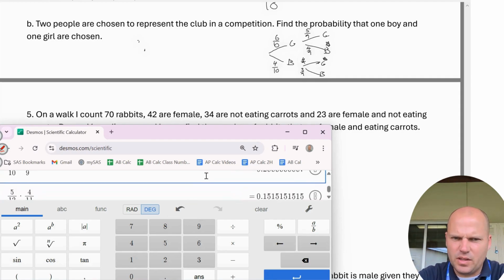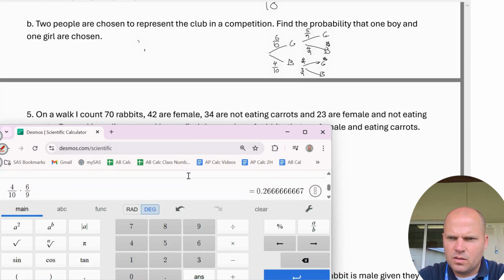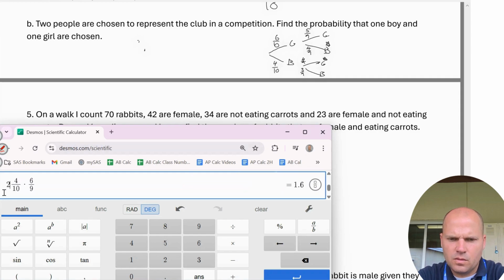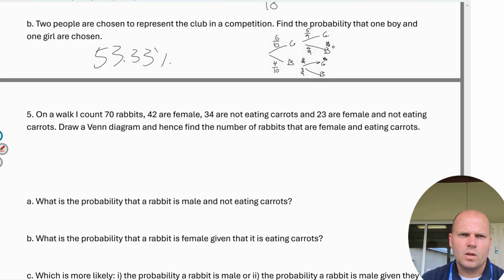So like doubling this. It's 53%. So that probability, which you multiply to get.